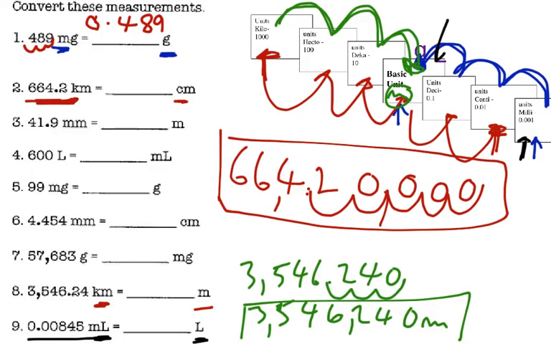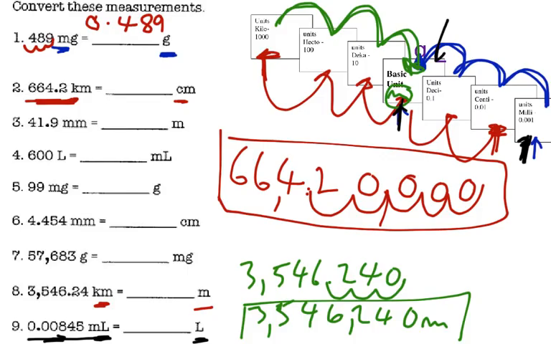The same principle applies. If you're going from a smaller guy to a larger unit, okay, you move it to the left. But now we're going to go 3 jumps to the left, since that's what takes us from millis to liters, right?